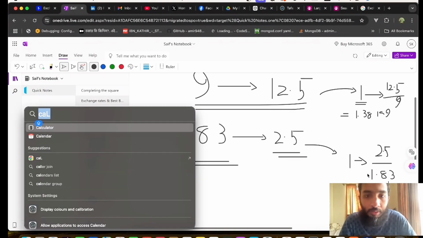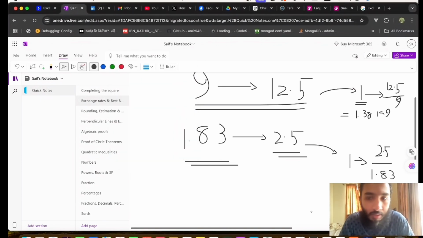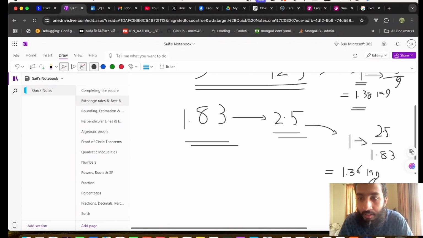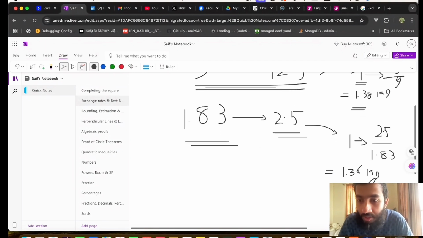If I use the calculator again and divide 2.5 by 1.83, I get 1.36 kg. So I get 1.38 kg of potatoes for each pound in this deal, and I get 1.36 kg of potatoes in this deal.